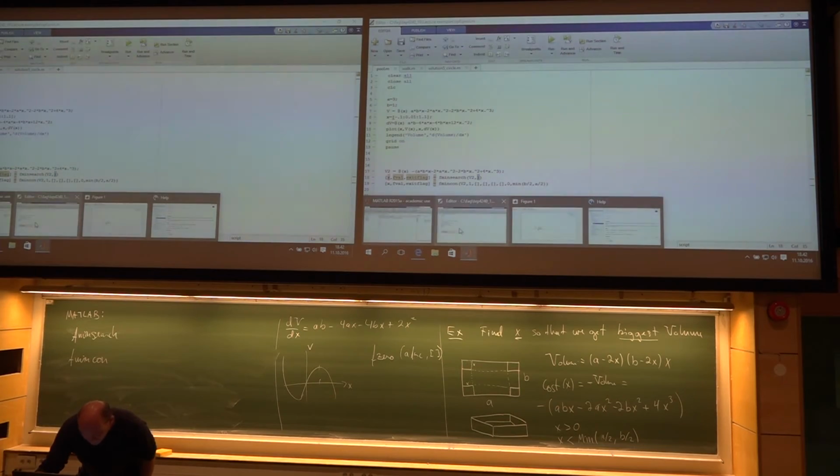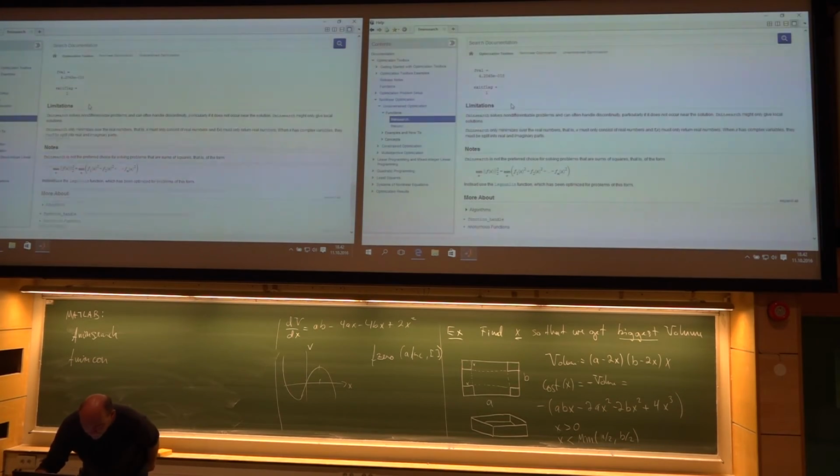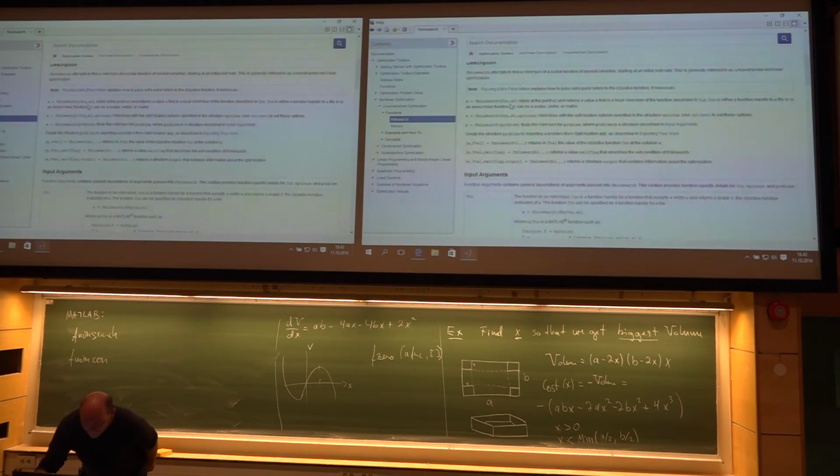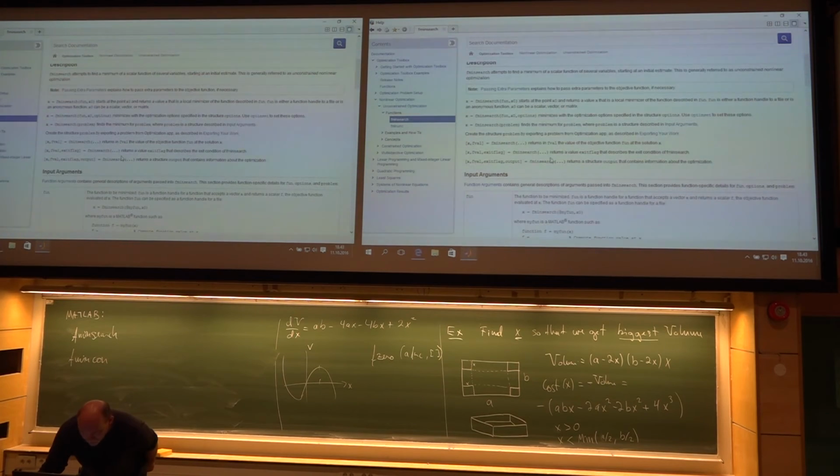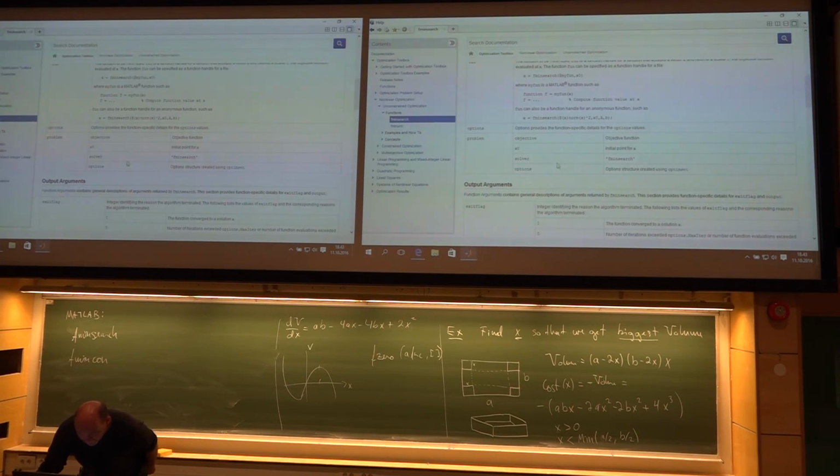If you look at the help file for fminsearch, you have this x0, which now is just given as, where is it? Yeah, it can be a scalar or a vector or even a matrix, but it's not a range.